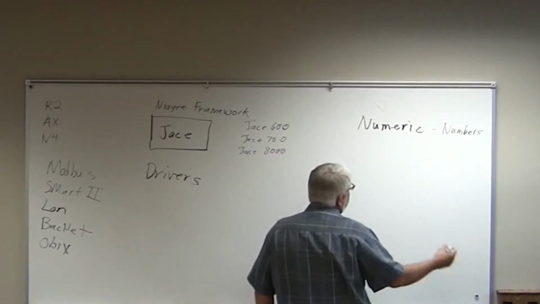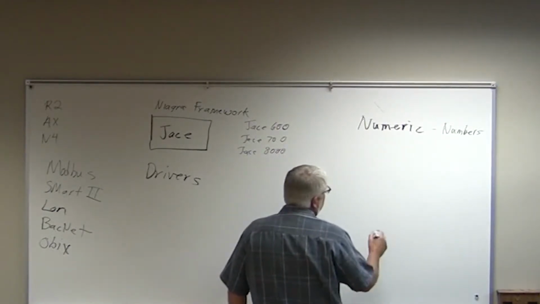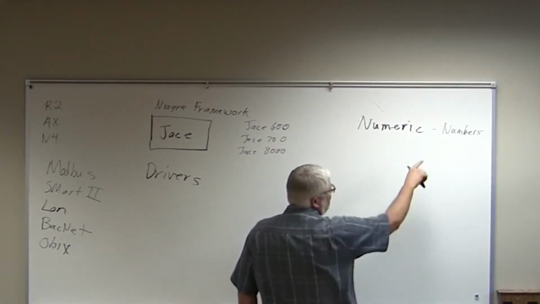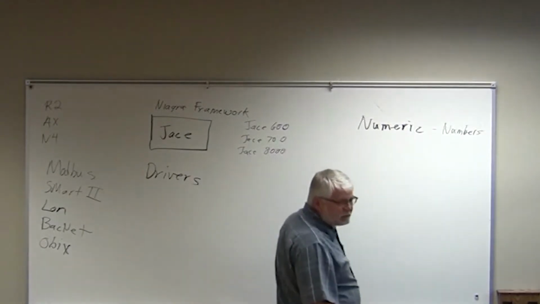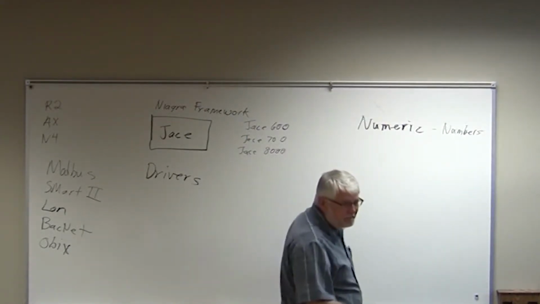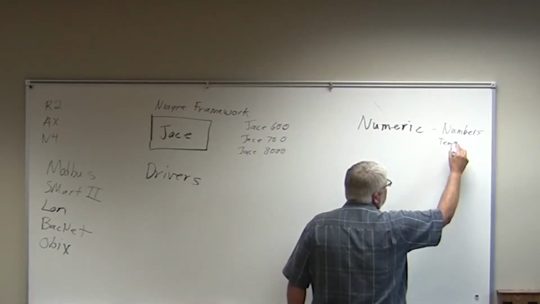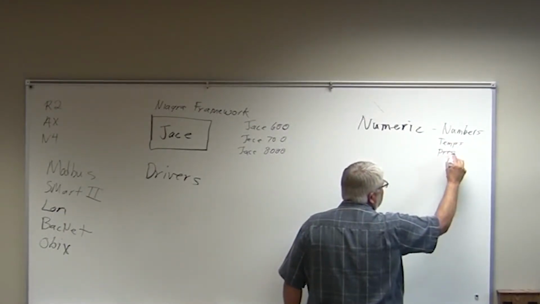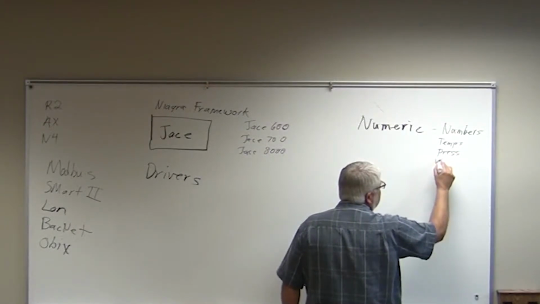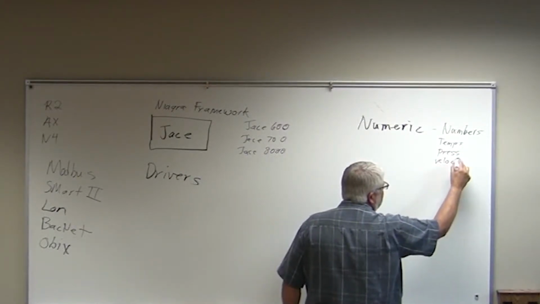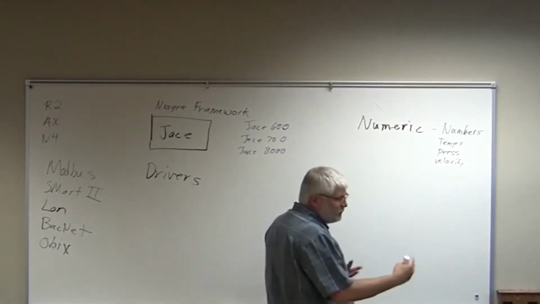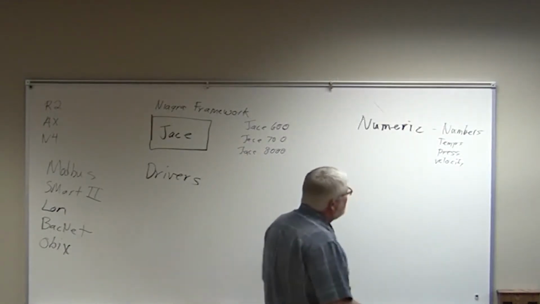Okay, we've got a string. I'll get to that one. So what kind of things or numbers do we look at? Temperature? Pressure. Velocity. So that's what fits into the numeric side, right?